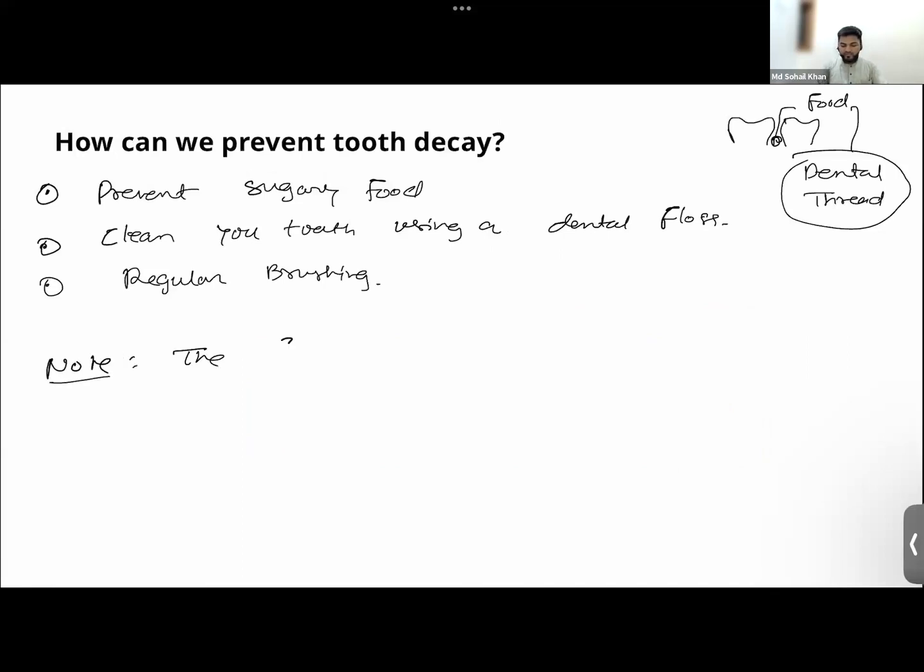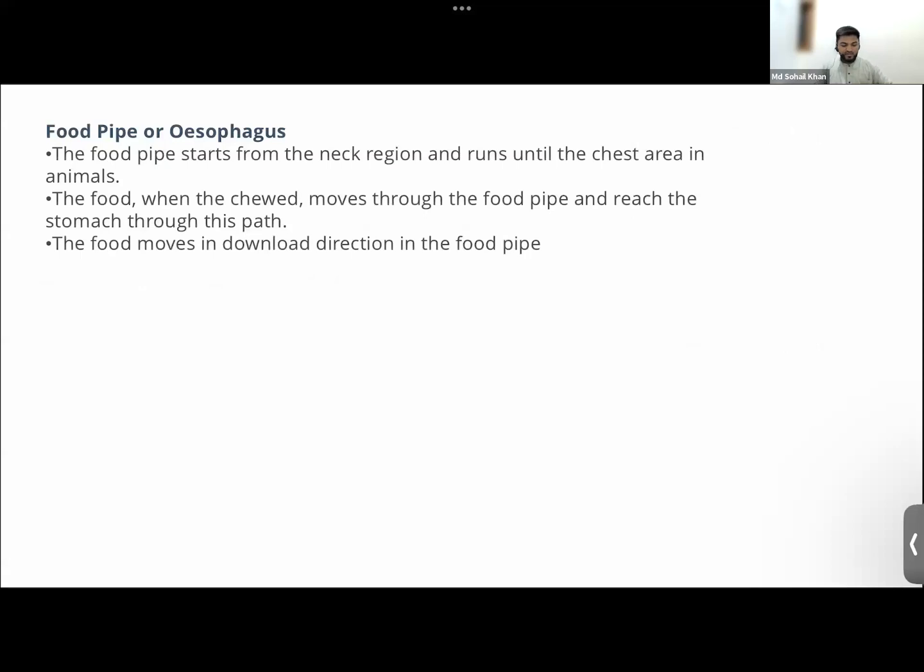So the food gets only partially digested in our mouth. Now moving on, we have another organ of the alimentary canal, that is the food pipe or esophagus.